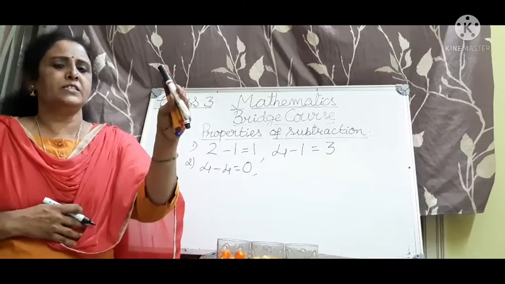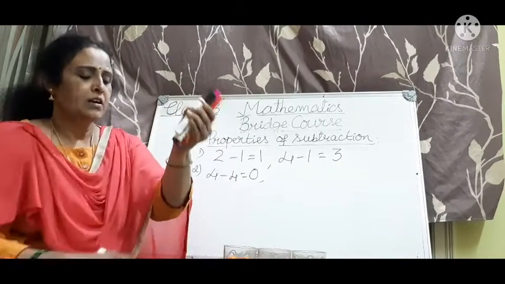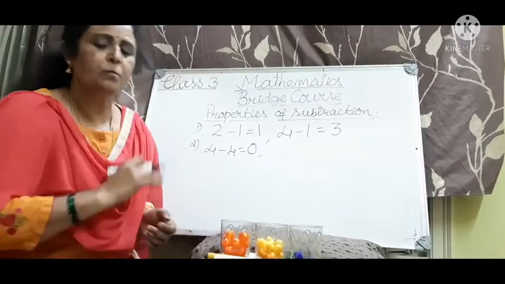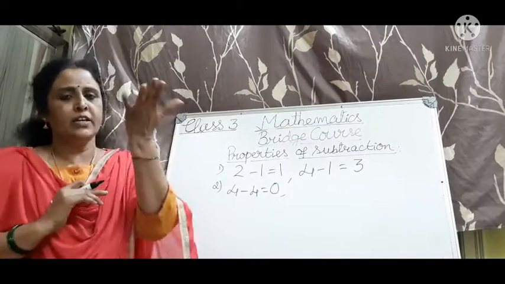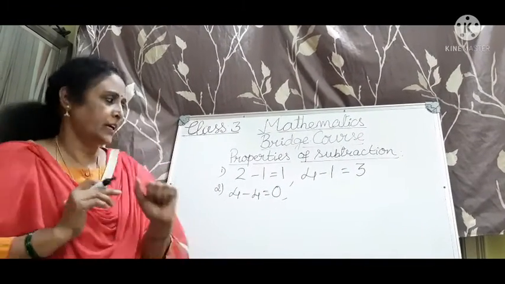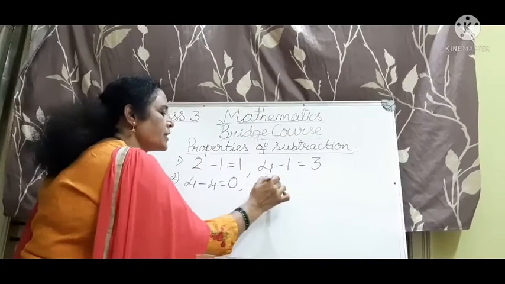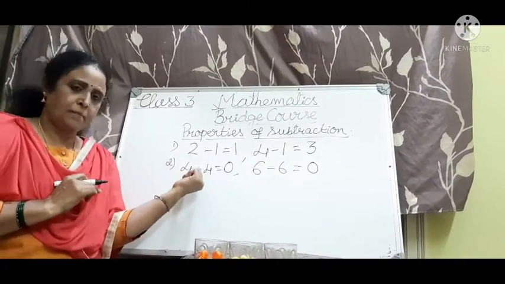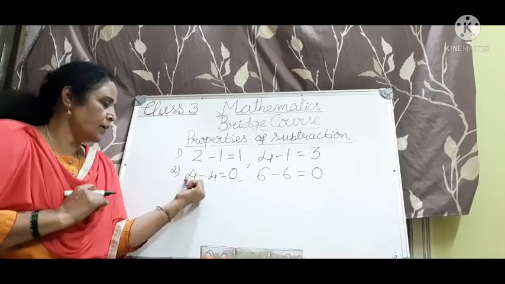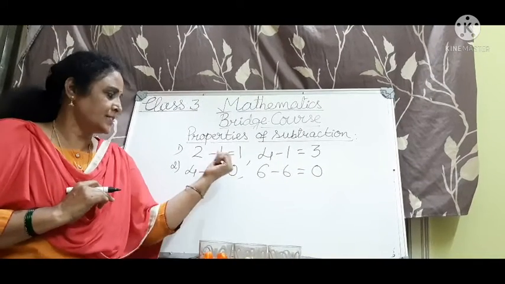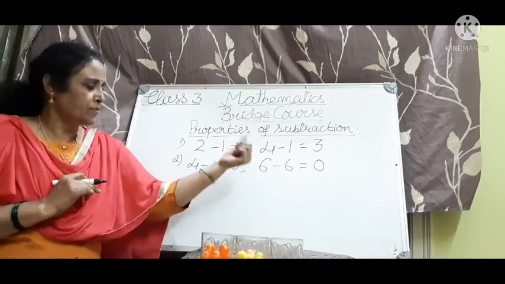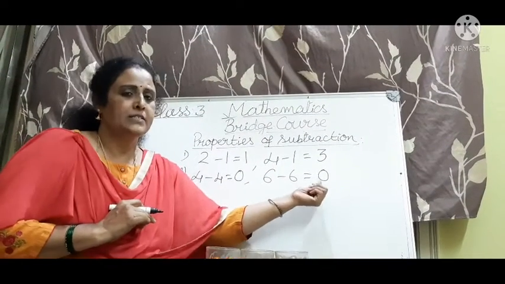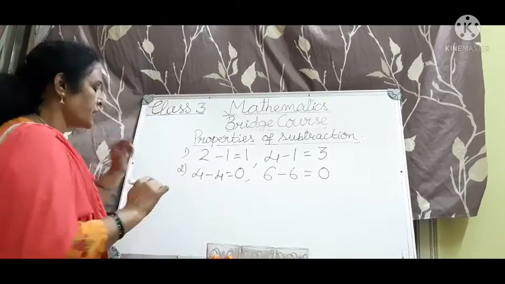I will give all 6 pens to my friend. Then how many are remaining? No pen in my hand. That means 6 minus 6 equals 0. If we subtract a number from itself, the answer will be 0. This is the second property.